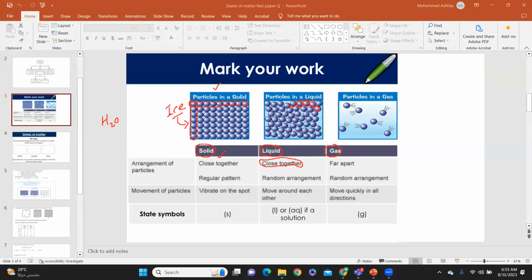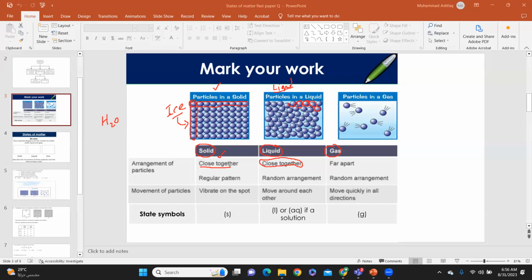In the liquid state, like water, they are again in the same condition, close together like solid.